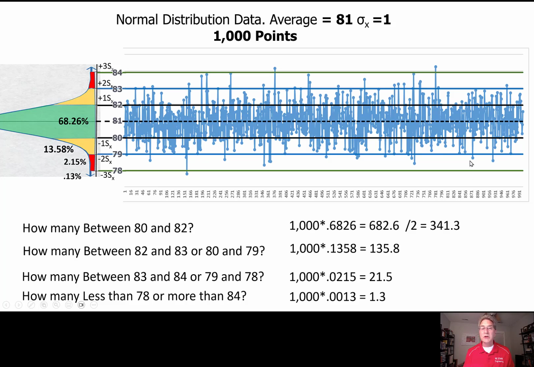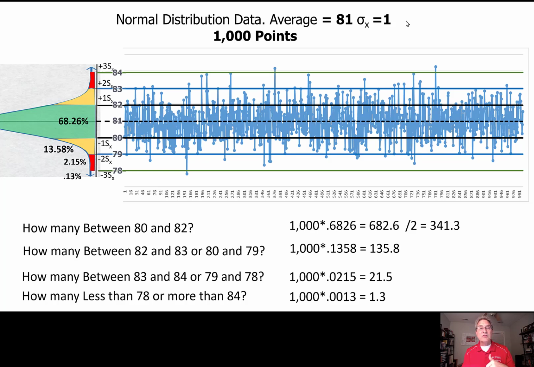Whoa, lo and behold, look at that. If I were to count these up here, you would see just about the same thing. How about lower than 78 or more than 84? A little over 1. Bam, we got 1 right there. We got 1, 2 right there. Do you see that? This is true normal data with that average and that standard deviation. That's what it looks like.